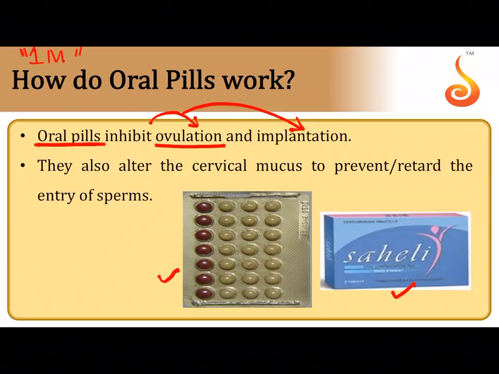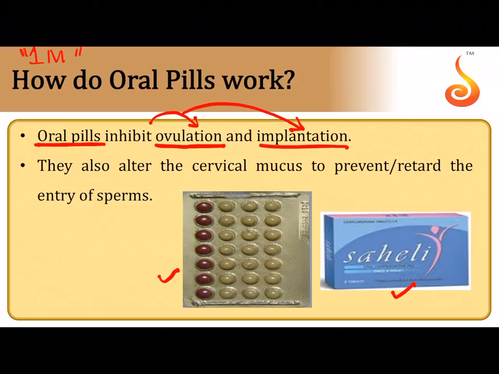Menstrual cycle and follicle development are not there, and the egg is also not produced. So imagine, if there is no ovulation, there is no question of conception, fertilization or pregnancy. If there is no implantation, there is no question of pregnancy.